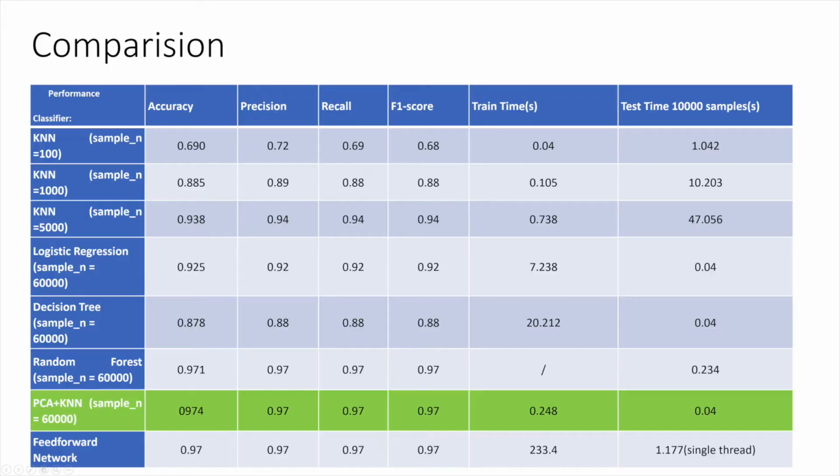Here, let's look at the overall comparison between all the models that we talked about in this project. As we can see here, principal component analysis plus KNN actually won the title by quite a margin. It has one of the highest accuracies and the lowest training time and also test time.